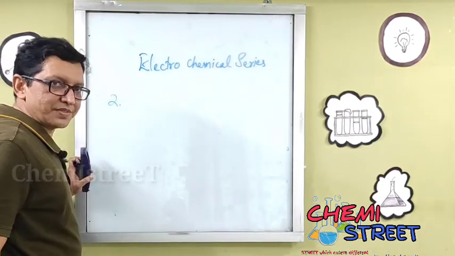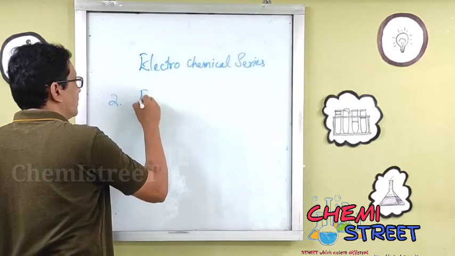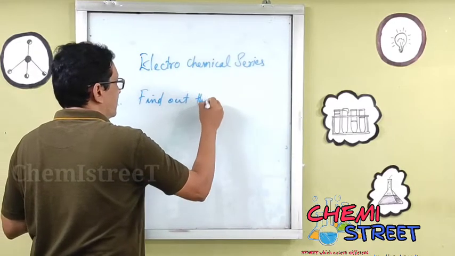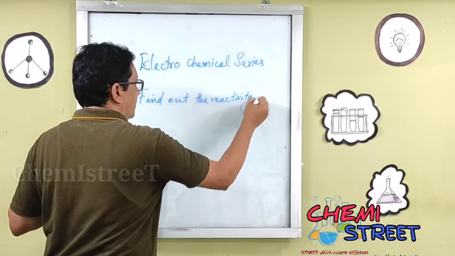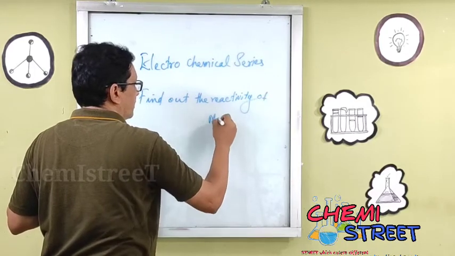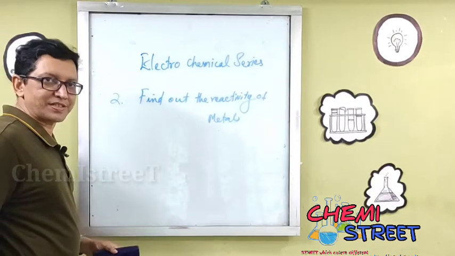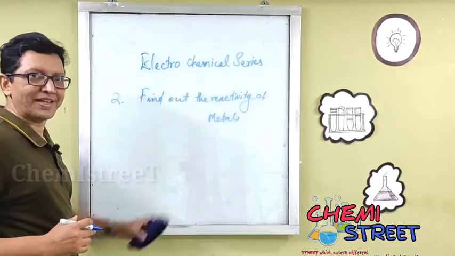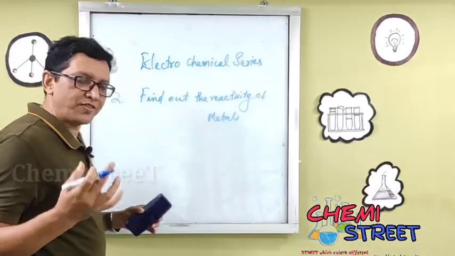The second application is that it helps to find out the reactivity of the metals. Those elements which are at the top will be acting as good metals, because what is the property of metals?